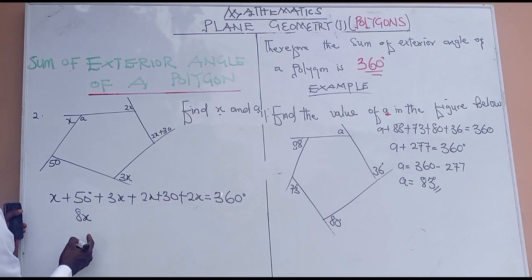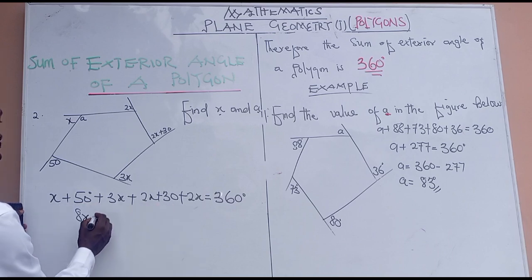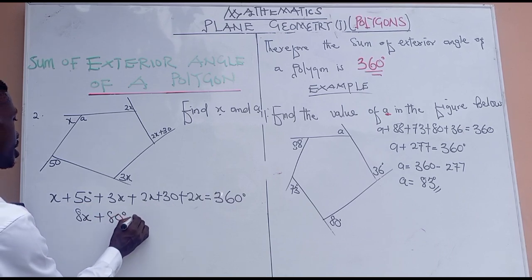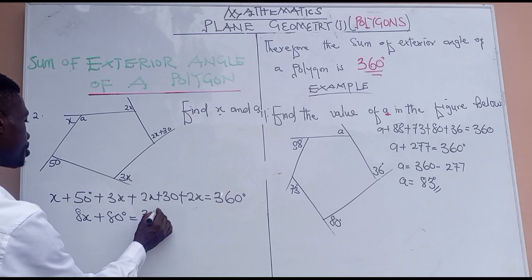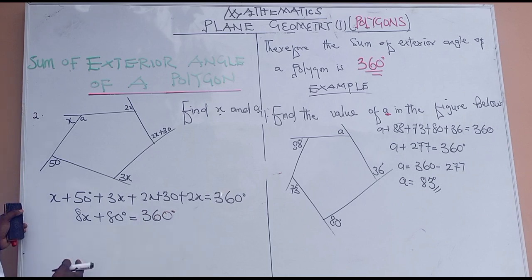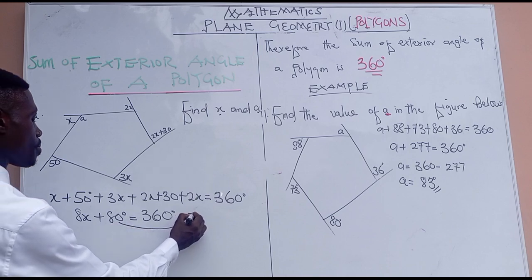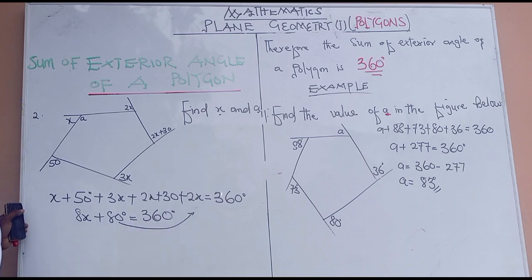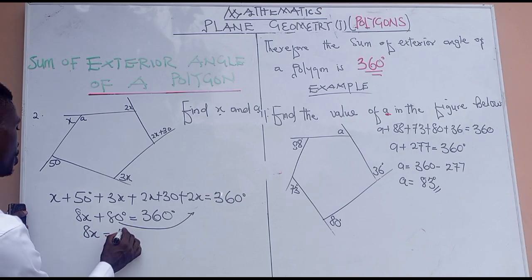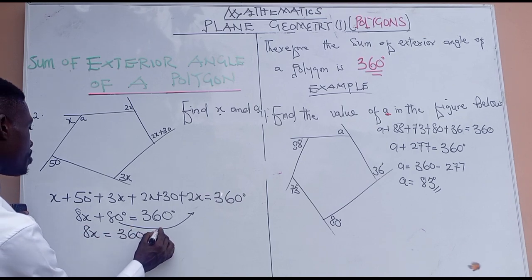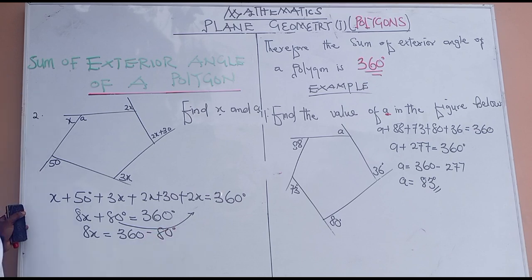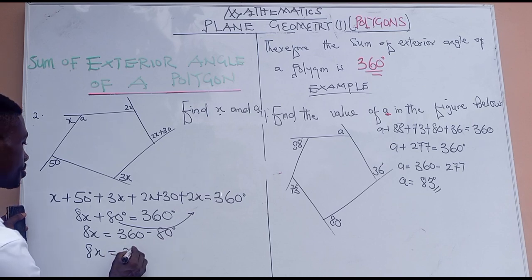And then 50 plus 30, we have 80 degrees, is equal to 360 degrees. We are looking for x, so we have to group like terms. We are going to bring the 80 to this side of the equation. So we are going to be left with 8x is equal to 360 minus 80 degrees. 360 minus 80, we have 280.